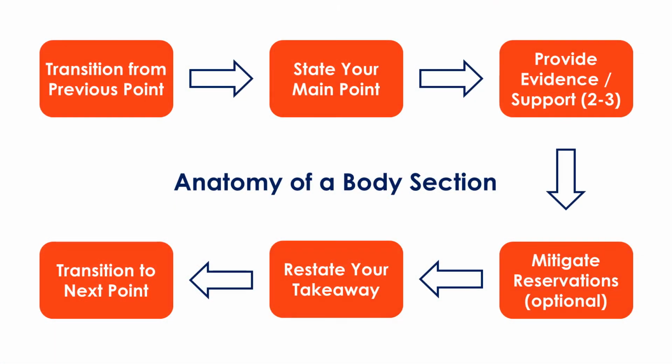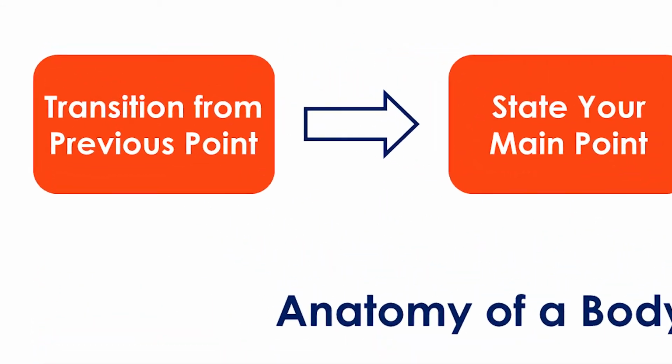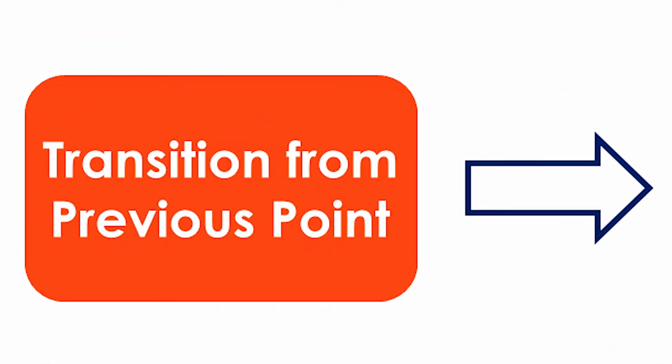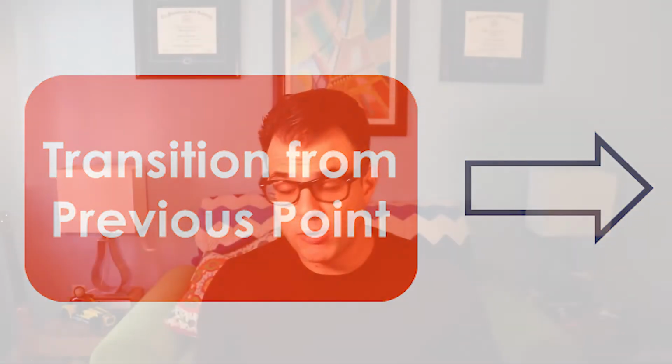Now, let's take a look at how these different elements can fit together in a typical body section. And remember, you'll have as many body sections as you have main points, just as you would in a written persuasive message. So you're going to begin your body section with a transition from the previous point, something like, well, that's enough about the introductory structure of an oral presentation.